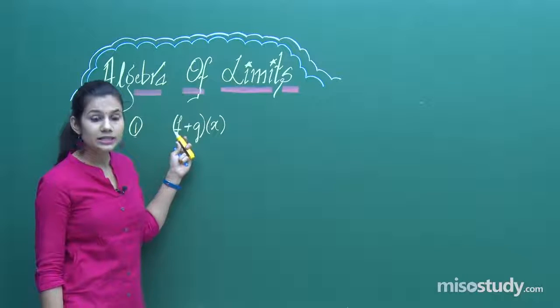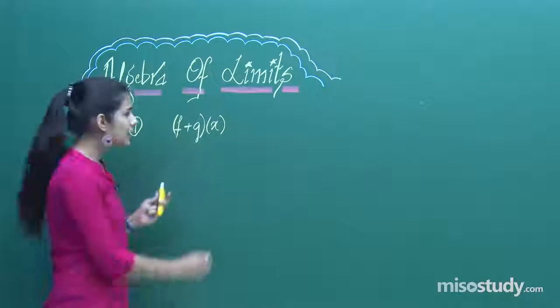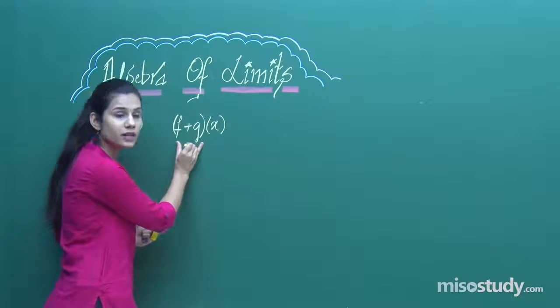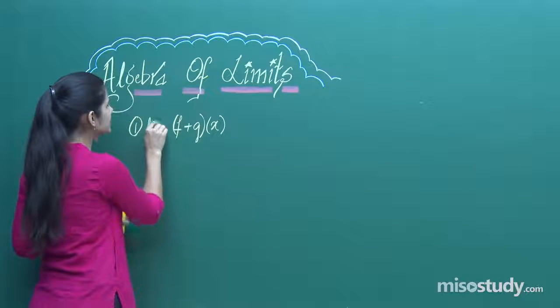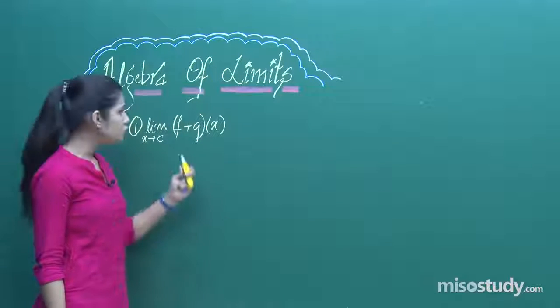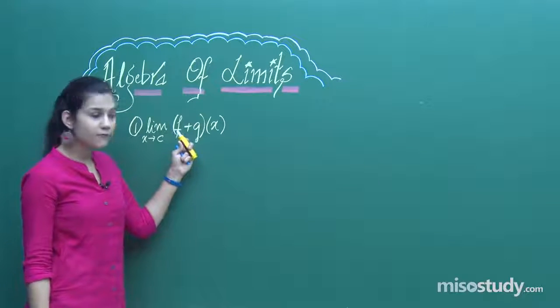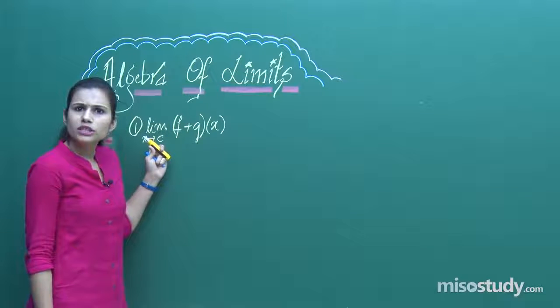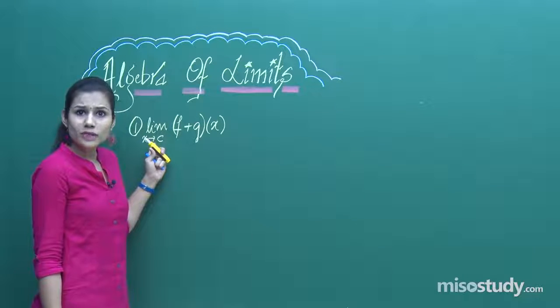The question is, suppose you wish to evaluate the limiting behavior of the sum function at the point C, what did you do? What did I teach you in that?